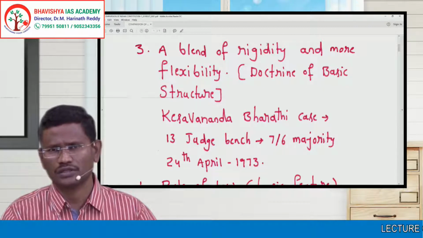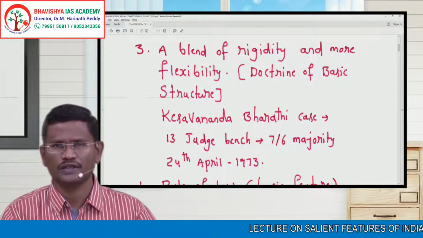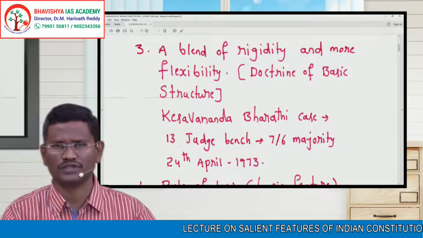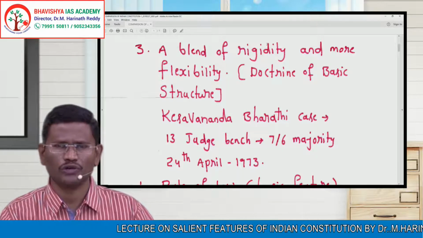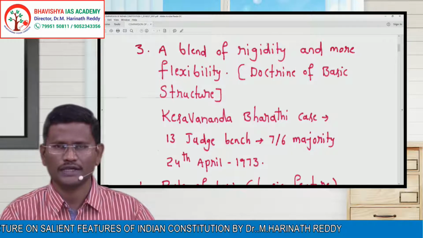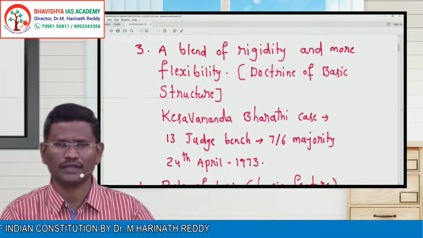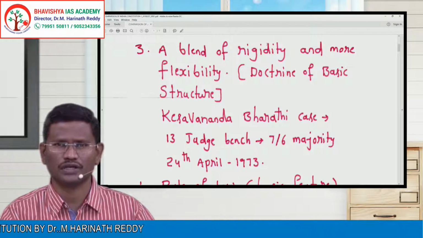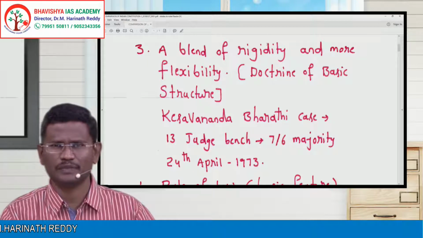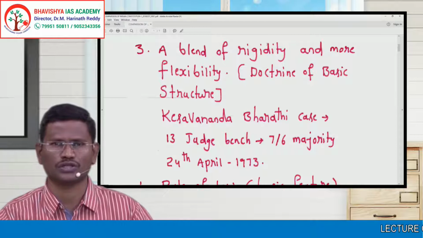Neither in the Constituent Assembly nor anywhere in the Constitution of India is there reference to doctrine of basic structure. It is an innovation, a creation of the Indian Supreme Court. So the Indian Supreme Court, by coining the term, has taken away the legitimate powers of the Indian Parliament to amend any provision of the Indian Constitution.